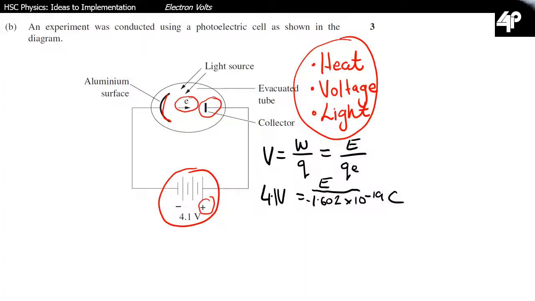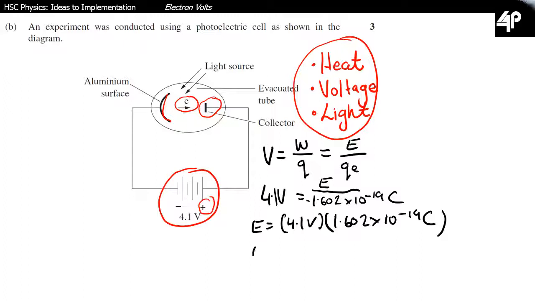From now on, I'm going to ditch the negative sign off the front of the 1.602 because it's not needed, as it all becomes a scalar quantity. So in our next line of working, the energy is equal to 4.1 volts times 1.602 times 10 to the negative 19 coulombs.